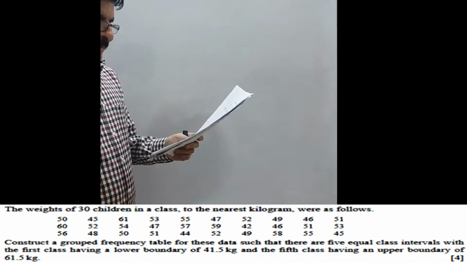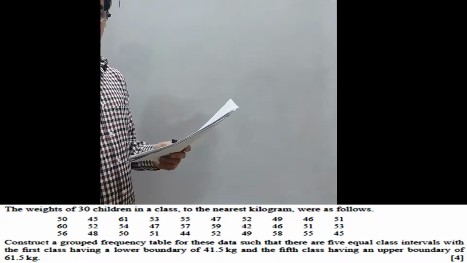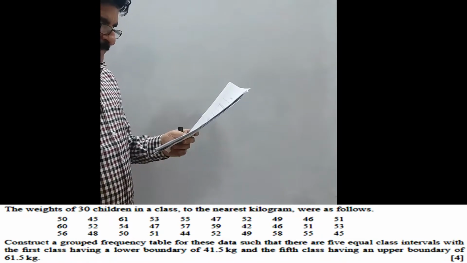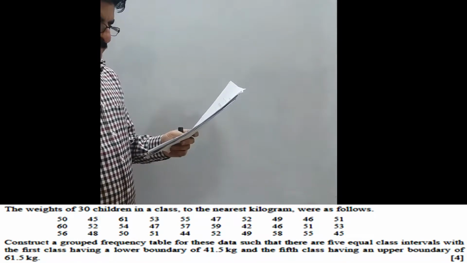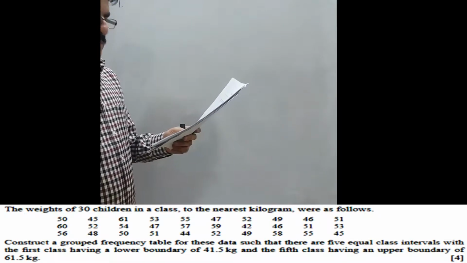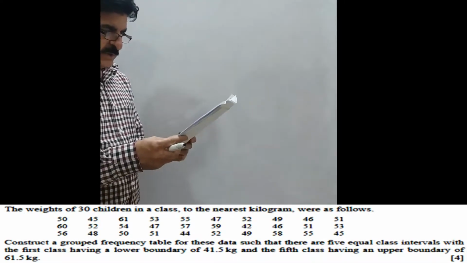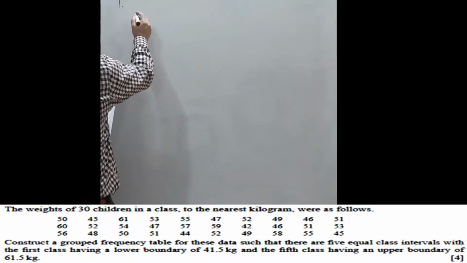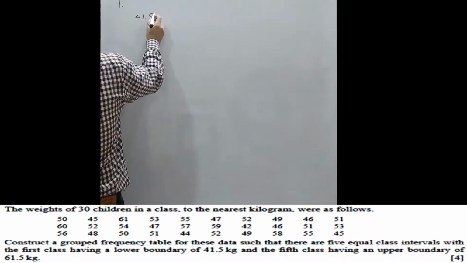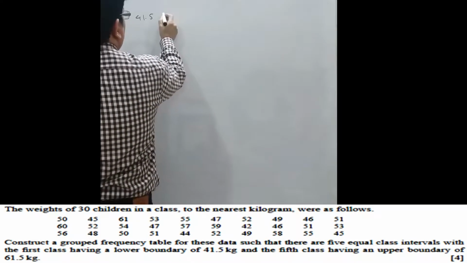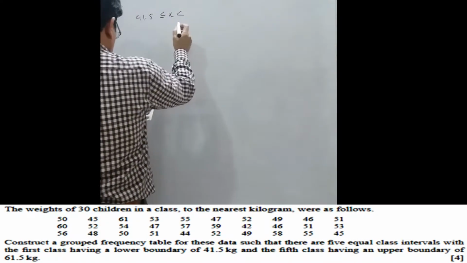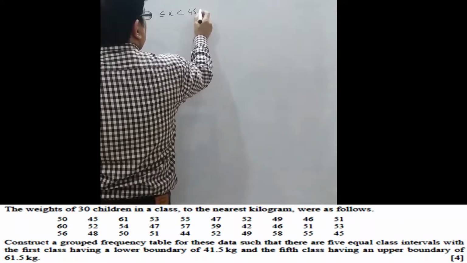Now in the question you have been asked to construct a group frequency table for these data. There are 5 classes and the first class has lower class boundary 41.5. So starting from 41.5, this is your first class.